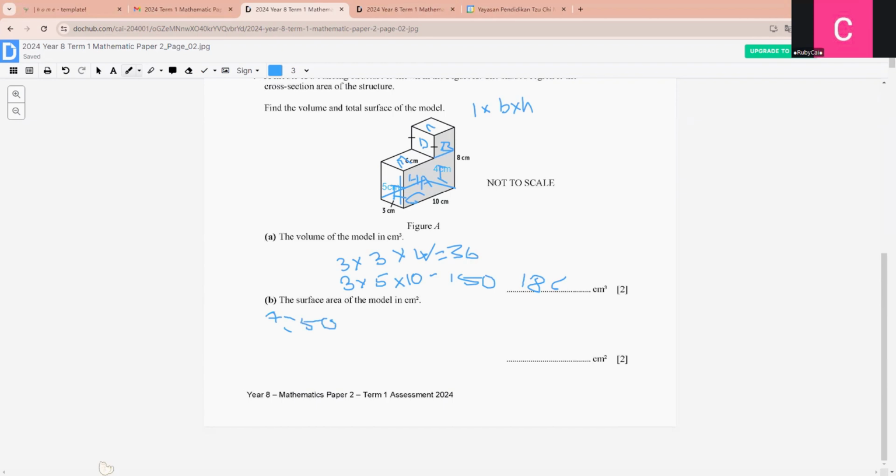Next letter, B. And B equals 3 cm multiplied by 4 cm, which is 12 cm squared. Next is C, which is 3 cm multiplied by 4 cm again, so C equals 12.